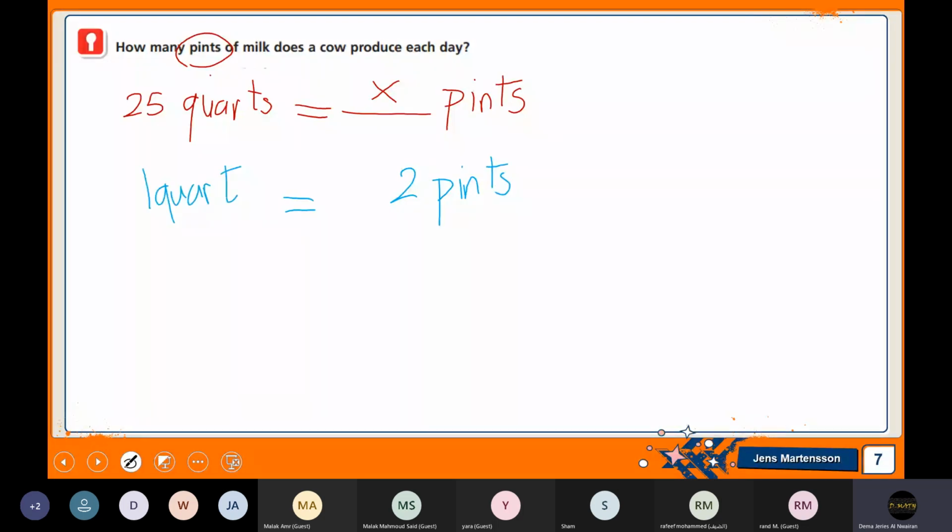Do you know from where I bring this 1 quart equal to 2 pints? Yeah, from the table. All of you agree? Good? Now, what do we do? Teacher, we will divide 25 by 2. Now, let's see.